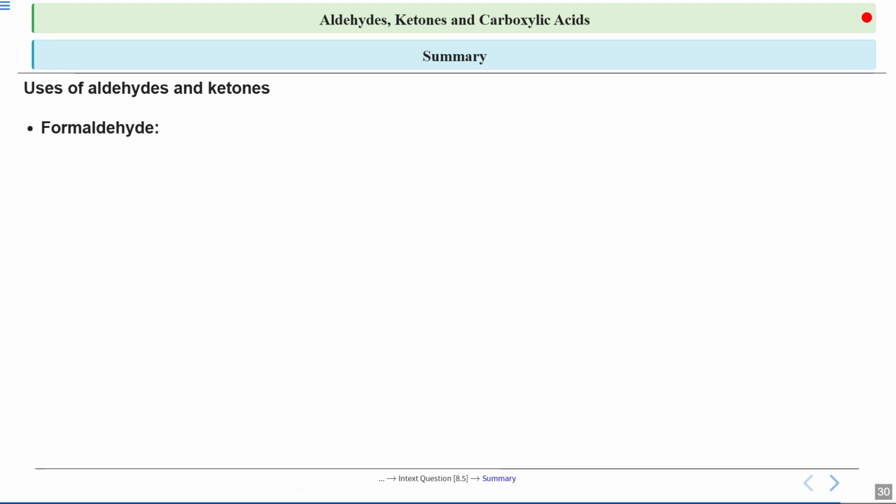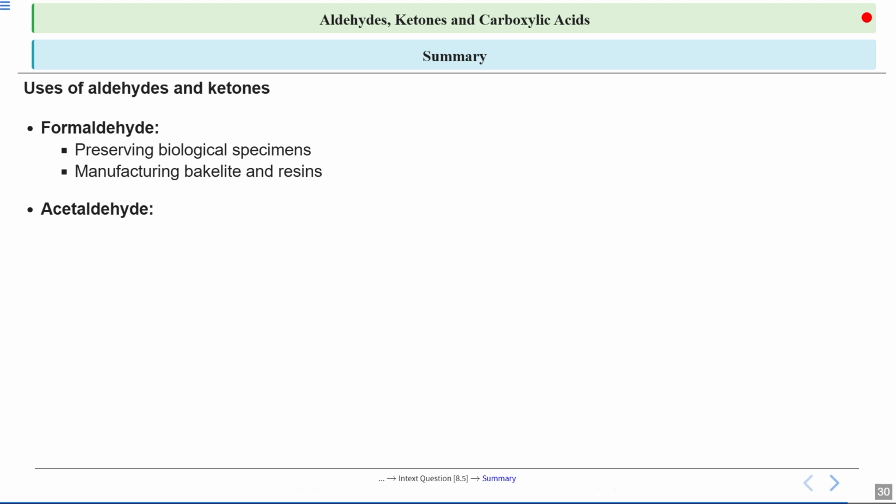Then we saw the uses of aldehydes and ketones. We talked about formaldehyde. It is used for preserving biological specimens, because it can effectively kill bacteria and fungi, which prevents decay. It is also used in the manufacturing of bakelite and resins, which are important in making plastics and adhesives. And then we talked about acetaldehyde.